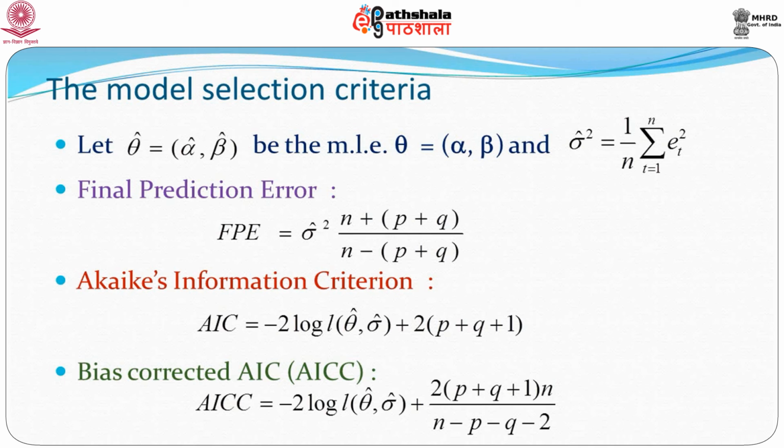So, what you need to do is look at the randomness of the errors and then look at the model selection criteria. Choose the model among the candidate models that gives you the minimum AIC or the minimum AICC, and that also has random errors.